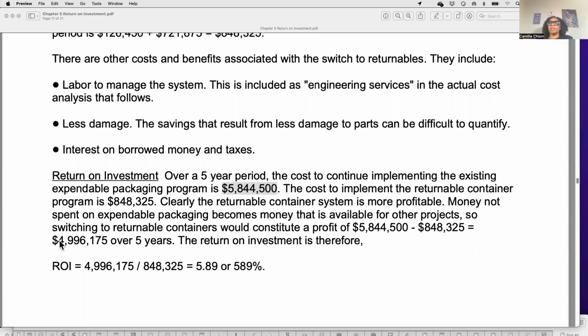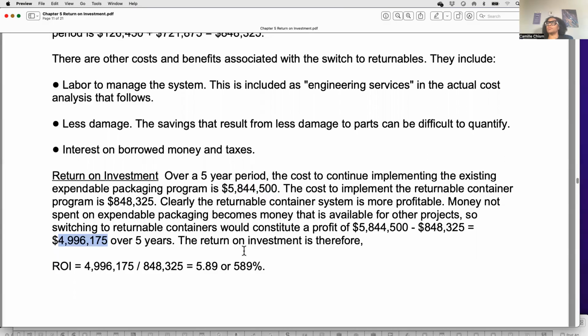So again, that's where I was in my head doing this around $5 million. But look at this. This is less than $4,000 under $5 million. So you take that 5.8 minus 848 and you get $4,996,175 that the company is saving over a 5-year period.